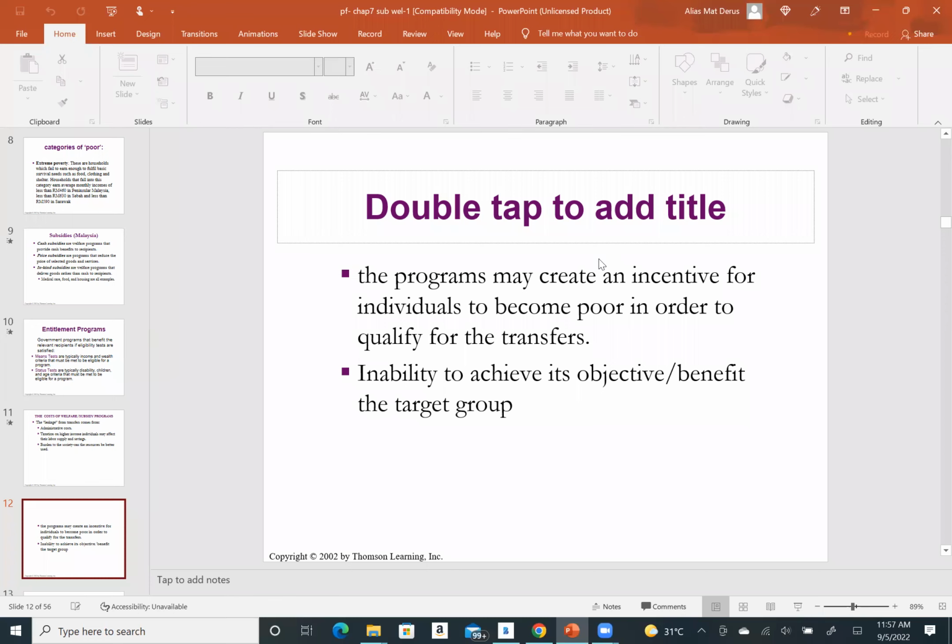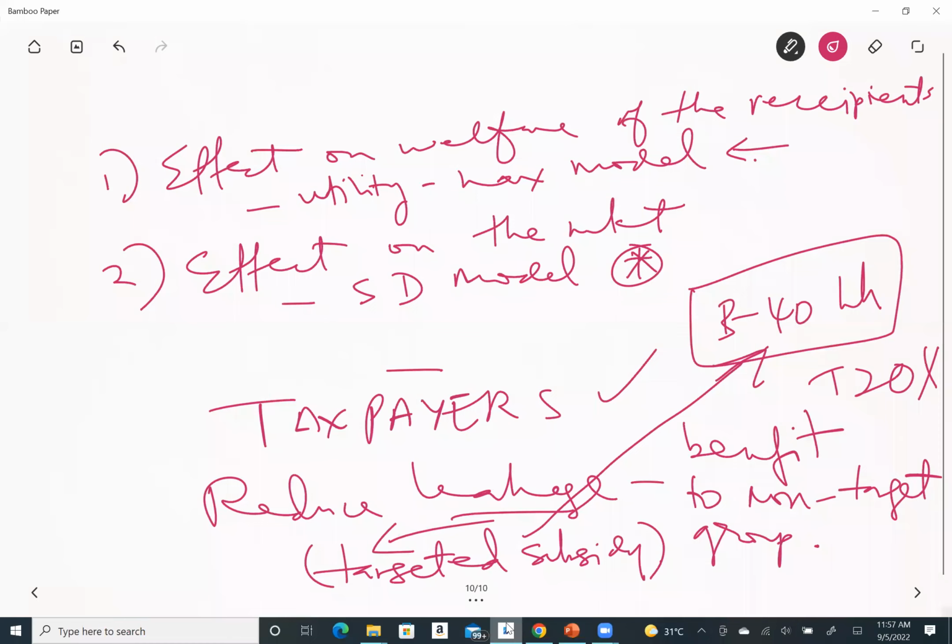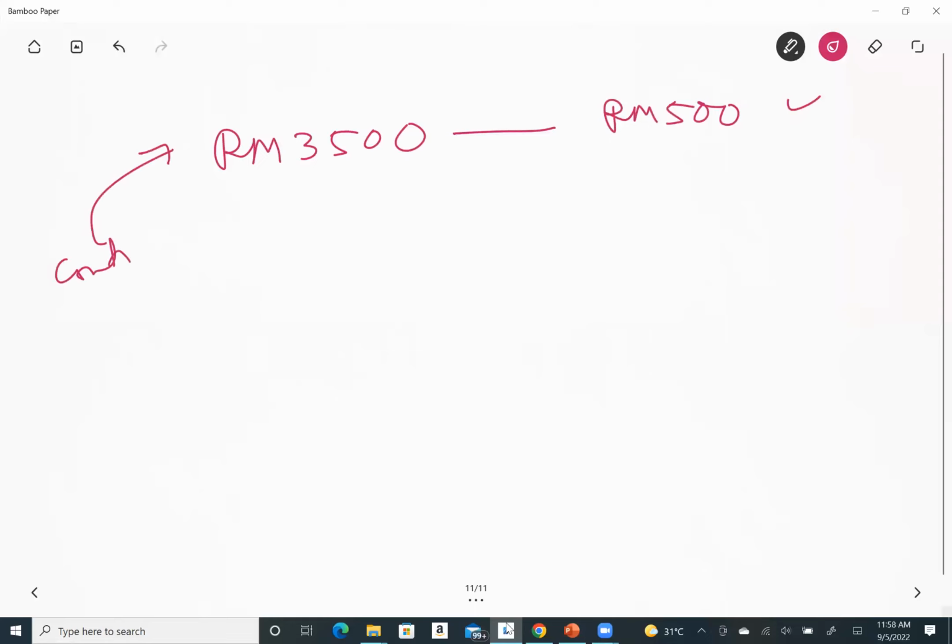Okay, example senang. Let's say certain subsidy require monthly income 3,500. If you got 3,500, we get subsidy RM 500. So what? My incentive is to continue to be there. Okay, to continue to be there in that group so that I get 500.